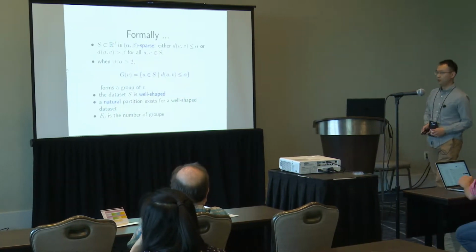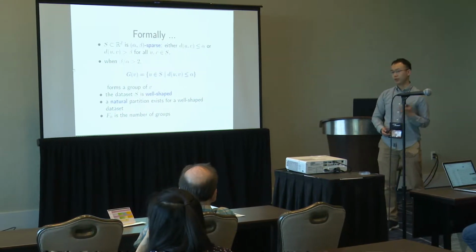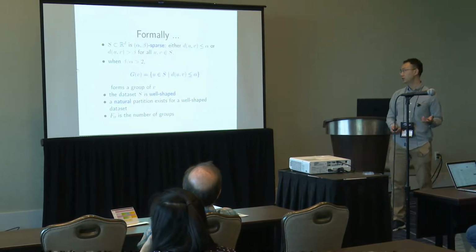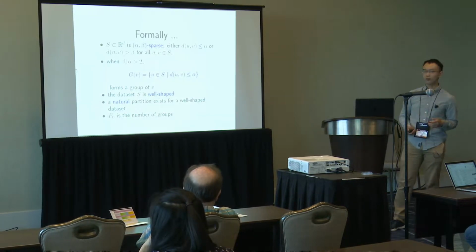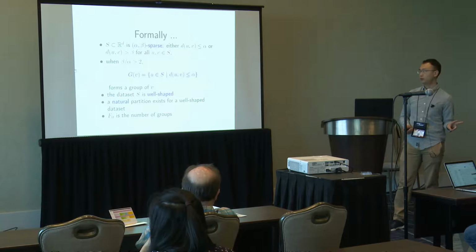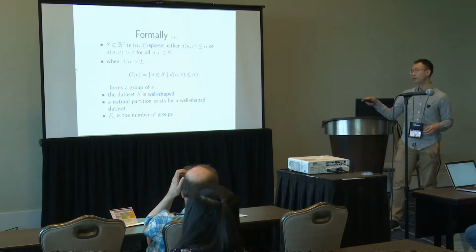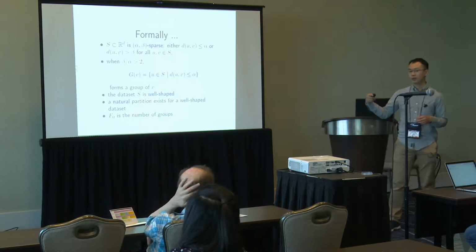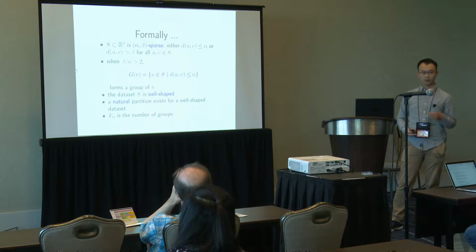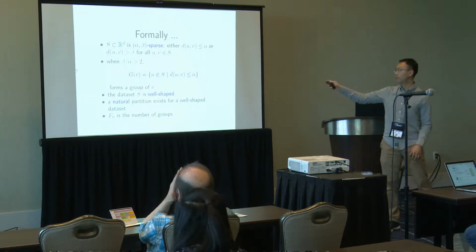To handle this problem formally, we need to introduce some extra notation. For a data set in Euclidean space, we say it's an (alpha, beta)-sparse set if for any two data points, their distance is either smaller than alpha or larger than beta. When beta over alpha is larger than 2, we can define the groups naturally: all points whose distance is smaller than alpha.